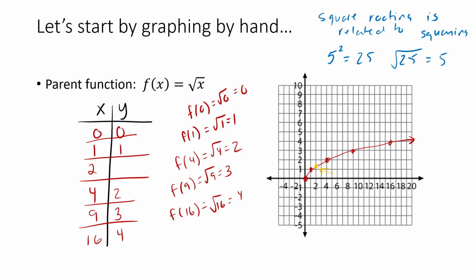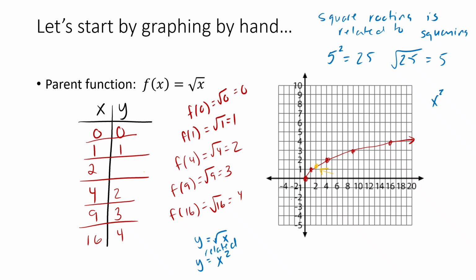And so it is logical that the graph of the square root would be related to the graph of squaring. So the graph of y equals the square root of x is going to be related to the graph of y equals x squared. Obviously not the same graph because it's not the same operation, but it is a related graph. And just so you know, here's how it's related.